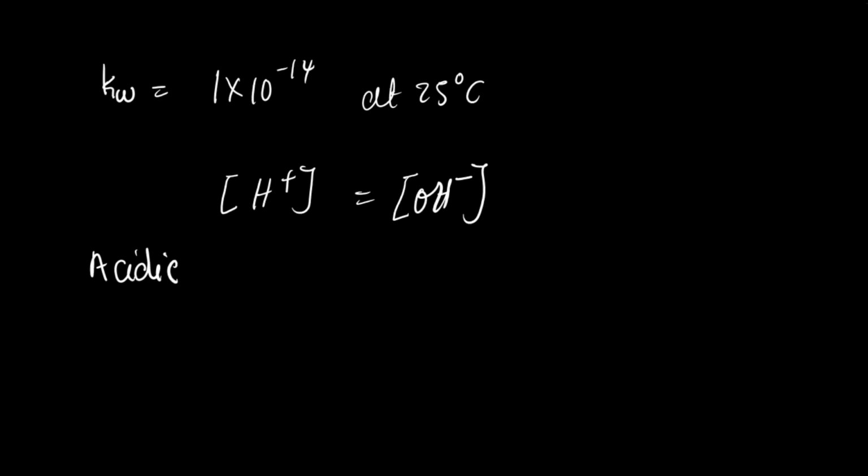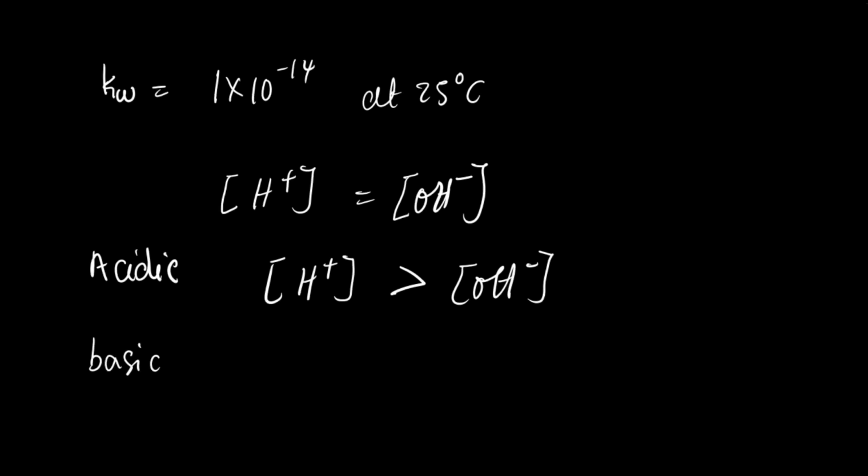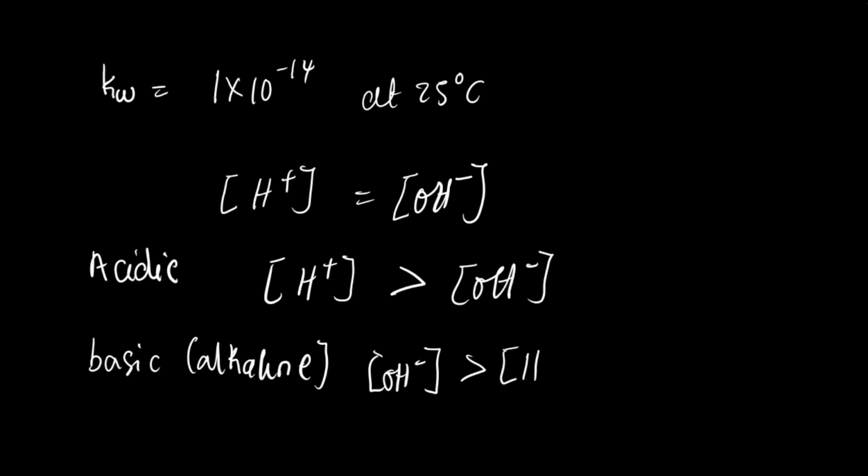However, for an acidic solution, the concentration of the hydrogen ion is greater than the concentration of the hydroxide ion, and for a basic solution or an alkaline solution, the concentration of the hydroxide ion is greater than the concentration of the hydrogen ion.